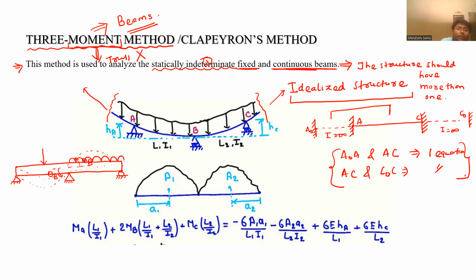Now you tell me, at this point, there should be some bending moment or not? Yes, sir. There should be some bending moment, like this, and the magnitude is Mb. Correct?